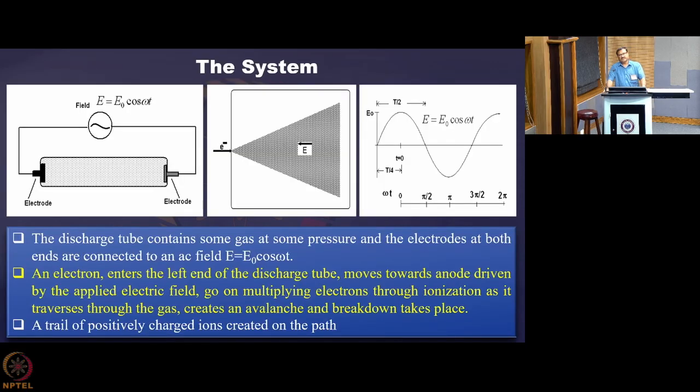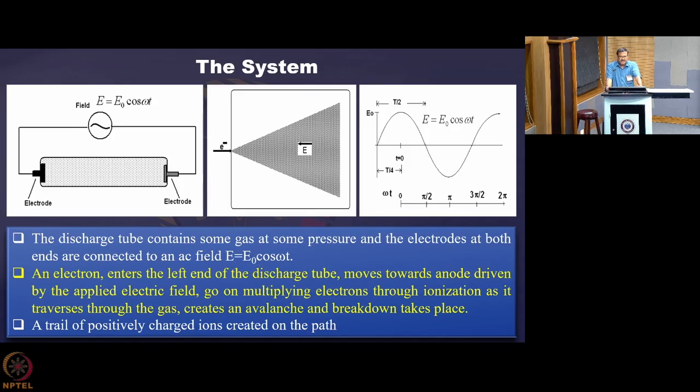Now, to understand that, we remember that we have already studied the DC breakdown mechanism. There, we have learned that this fast chain breakdown mechanism is there, and to get a breakdown to happen, you need a minimum breakdown voltage for a given gap, at a given pressure.